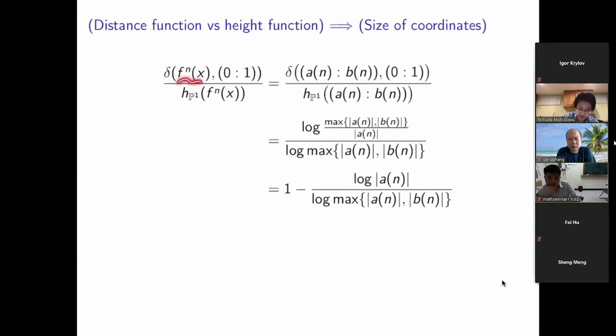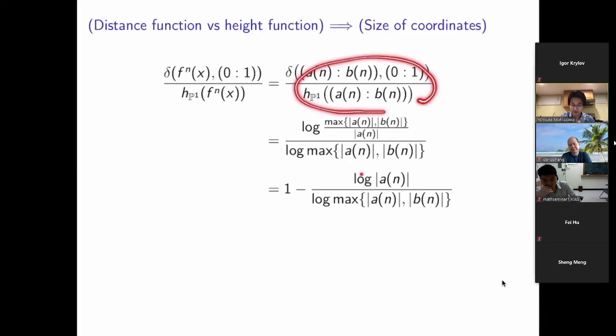And we wrote the orbits as A and B, so we just plug in. By the definition of the height functions, delta and H, we can rewrite this in this form. So this is a ratio of log of some function involving coordinates, and we simplify this in this form.